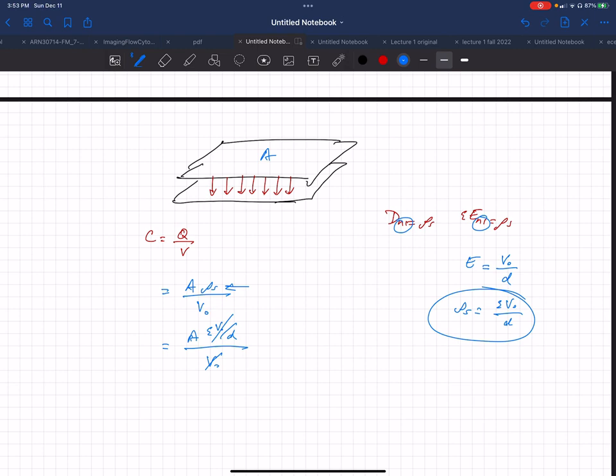The V0s cancel each other out, and the C total ends up being area times epsilon over D, which is indeed the capacitance of a parallel plate capacitor.